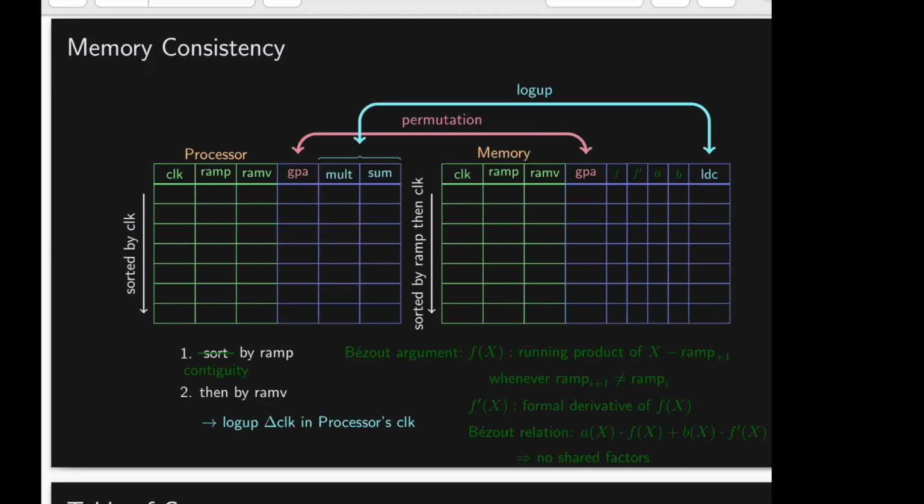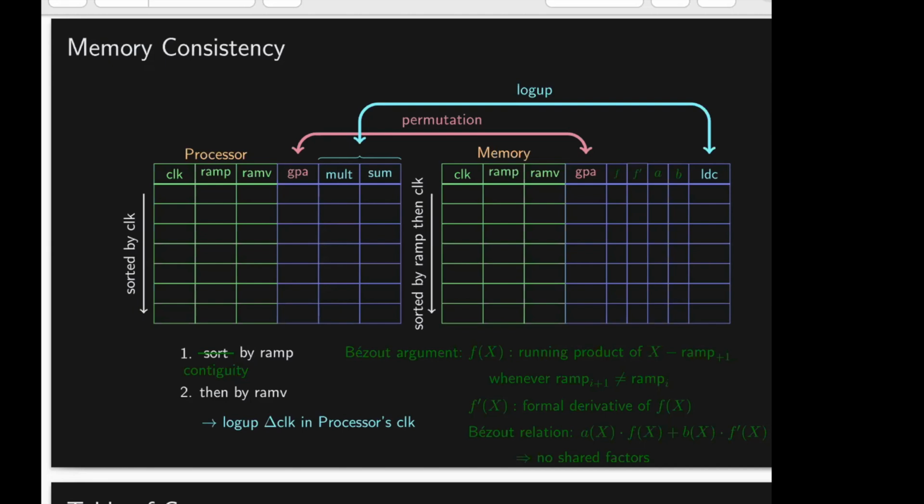Well, all the clock cycle differences that are valid jump forward in time, not backwards in time. Meaning that they jump from one clock cycle that occurred in the execution of the program to another clock cycle that occurred in the execution of the program.